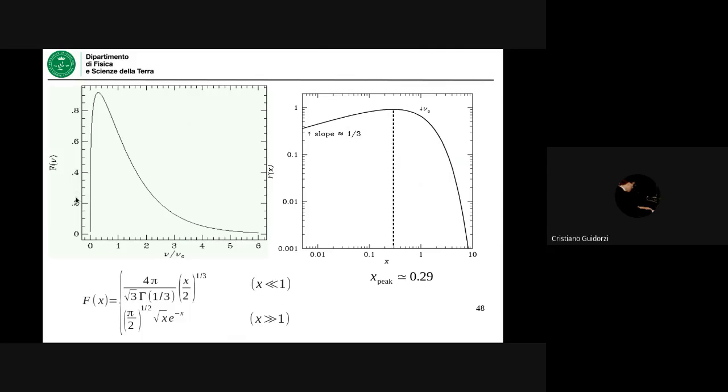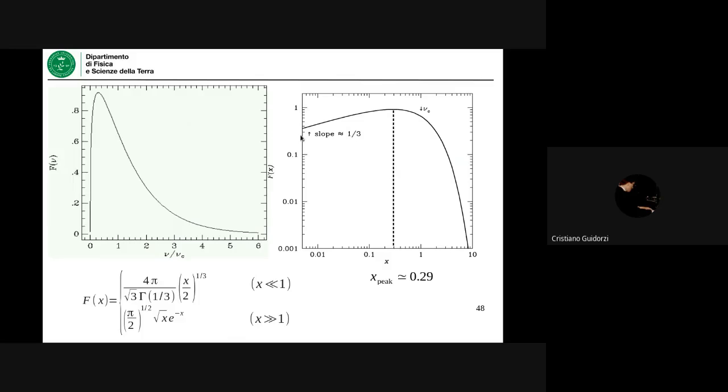The one on the left is just linear scale, linear in both axes. So you clearly see the x-axis is in units of frequency over critical frequency. You see that you have a peak just around 0.3 critical frequency. So you see that most of the power is indeed emitted around the critical frequency, more or less a fraction of the critical frequency, but that's the point.